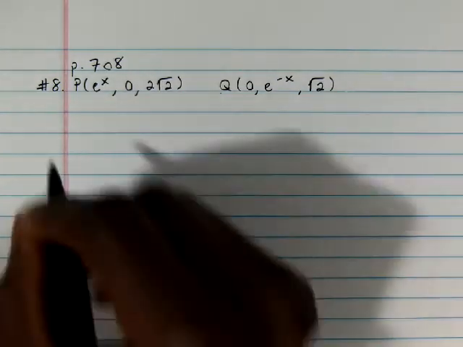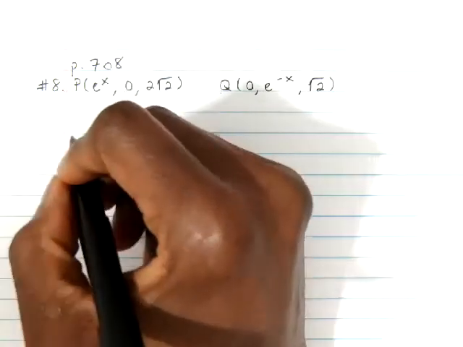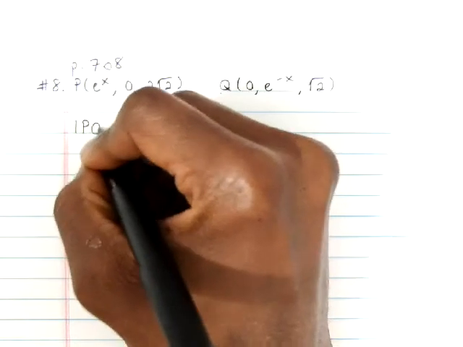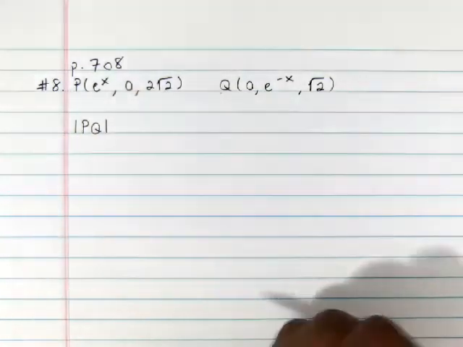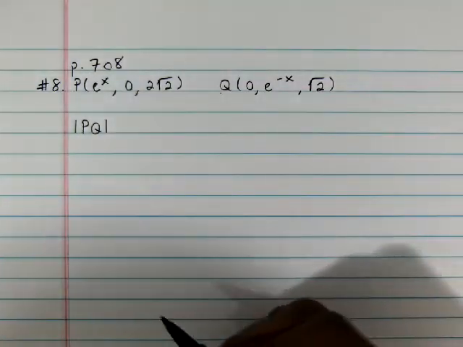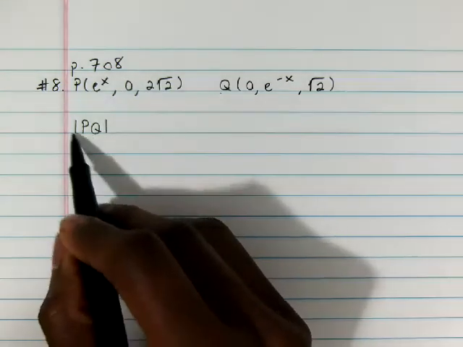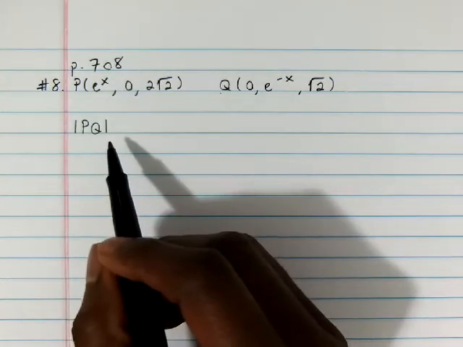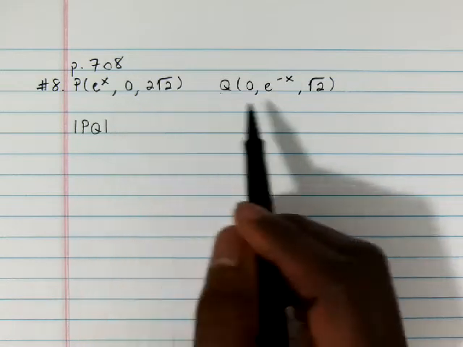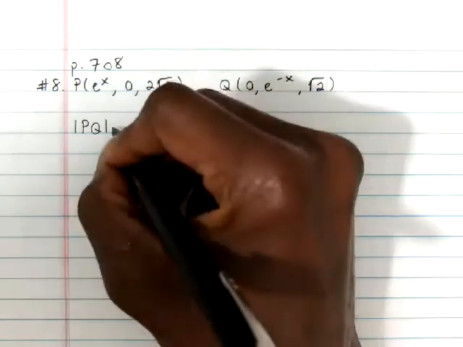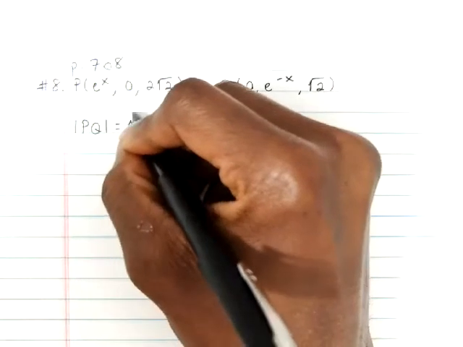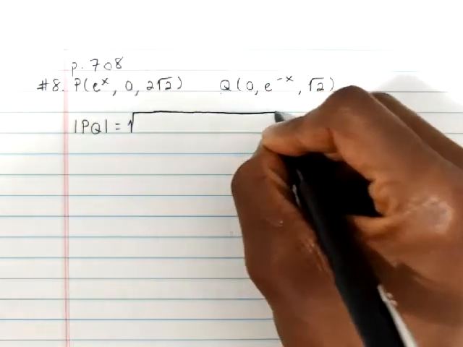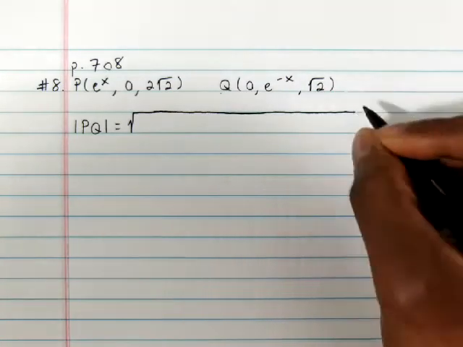So remember, in our last lesson, I told you that we may represent the distance between P and Q as this, or you might see it represented as d. So either one is the same thing. I tend to use this because it specifies what points we're using, whereas if you use d, it doesn't necessarily specify which points that you're actually using. All right, so this equals, so we had this formula from the last lesson.